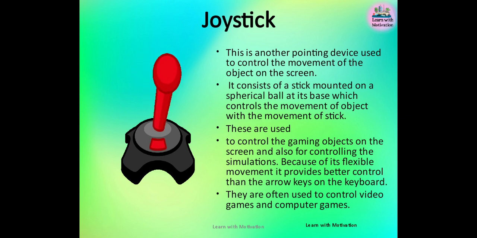This is another pointing device used to control the movement of an object on the screen. It consists of a stick mounted on a spherical ball at its base, which controls the movement of the object with the movement of the stick. These are used to control gaming objects on the screen, and also for controlling simulations because it is flexible in movement. It provides better control than arrow keys on the keyboard or a mouse.